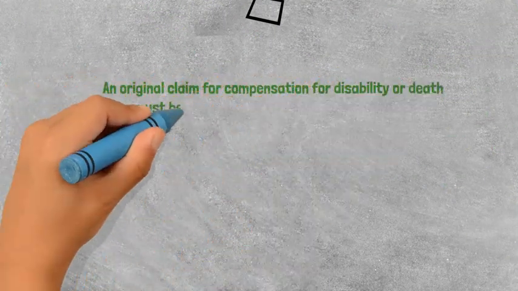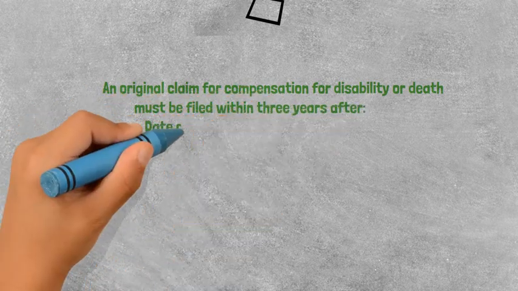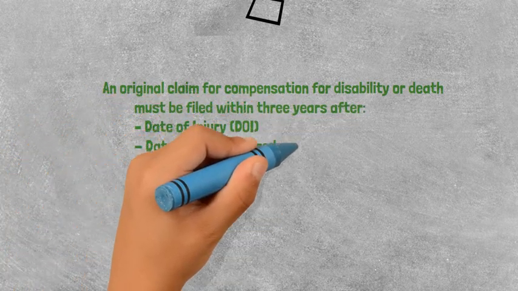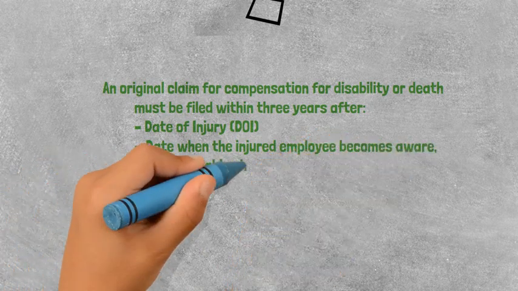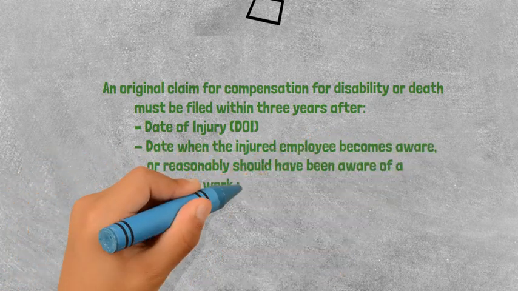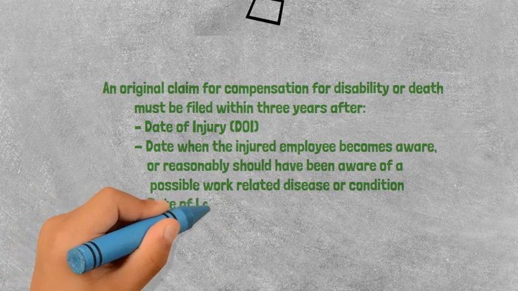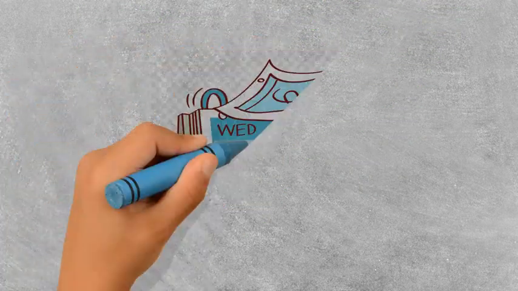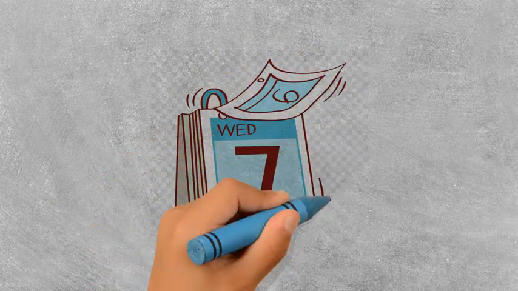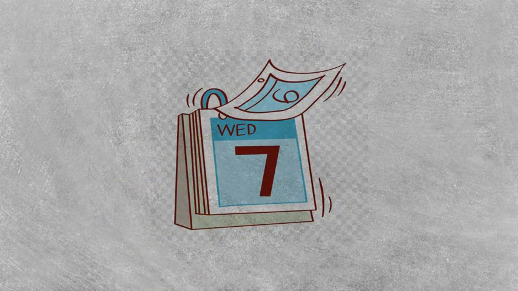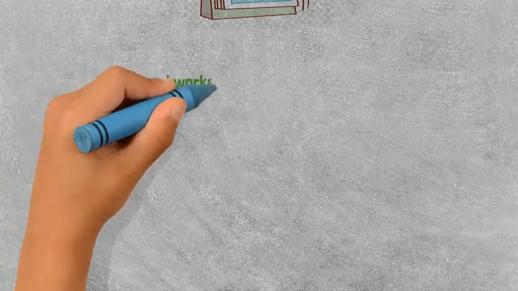Now, an original claim for compensation for disability or death must be filed within 3 years after 1, the date of injury; 2, the date when the injured employee becomes aware, or reasonably should have been aware, that a possible work-related disease or condition occurred; or 3, the date of last exposure. Understand that there are expiration dates and timely filing is important.